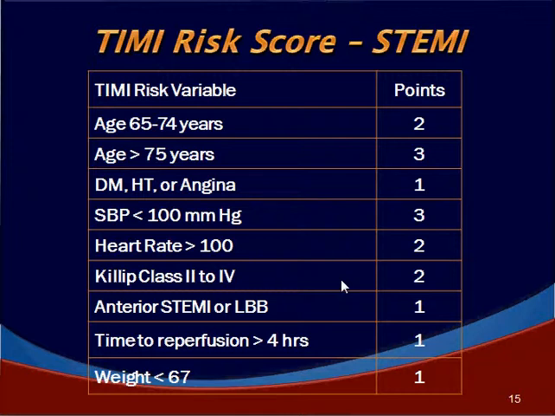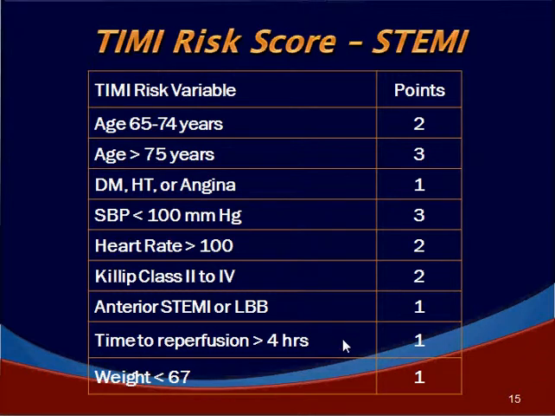Killip class 2 to class 4, that is the severity of the heart failure, 2 points. Killip class 1, no points. Anterior STEMI or left bundle branch block: if it is an anterior wall infarct, the prognosis is going to be bad, or if there is a left bundle branch block, again the prognosis is not going to be good, and that's why we give 1 point for that.